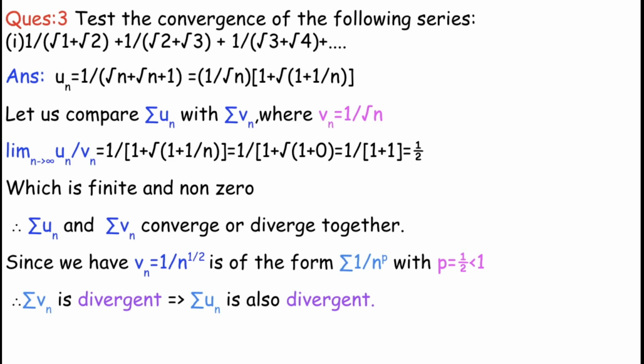So that's how we compare. First we let vn by our own intuition, and we test whether it is convergent or divergent.